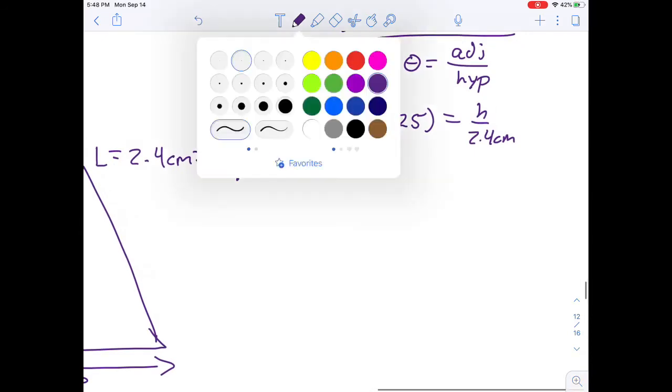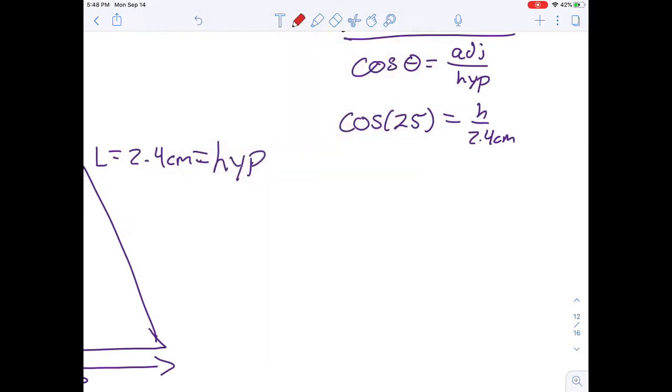Now we can start solving. We have 2.4 centimeters in the denominator, so I'm going to multiply both sides by 2.4 centimeters, and that cancels out the 2.4. Remember, you can technically see this as over 1 if that helps you visualize what's happening. So h equals 2.4 centimeters multiplied by cos 25.